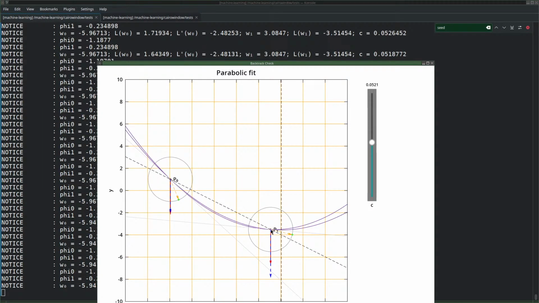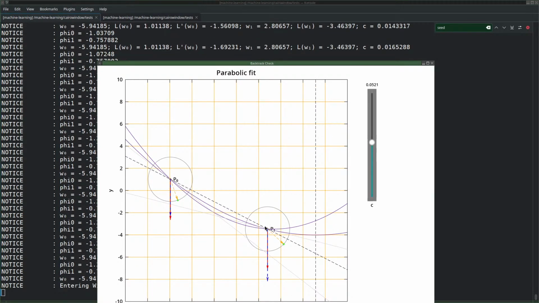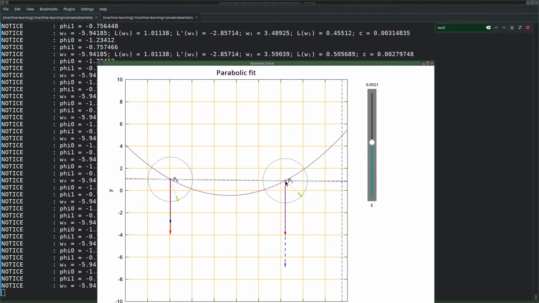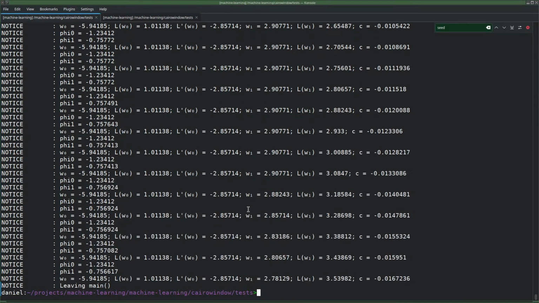That one does have 2 circles. Yep. Parabolic fit.